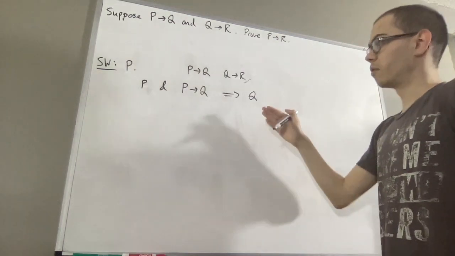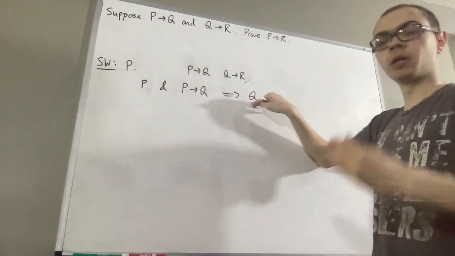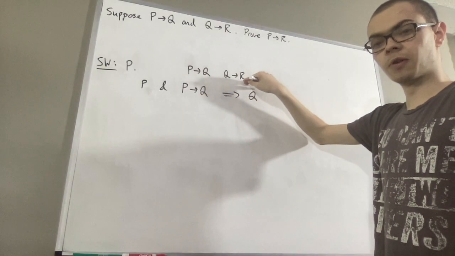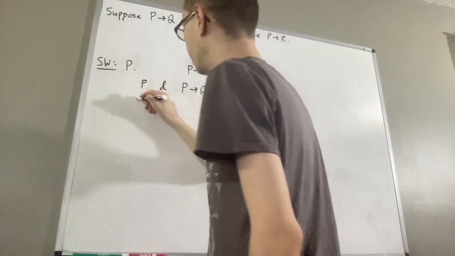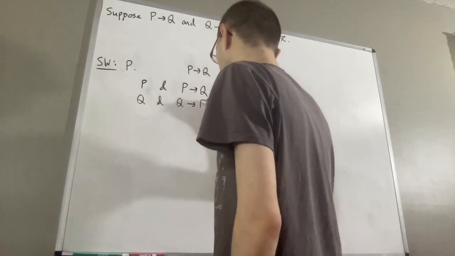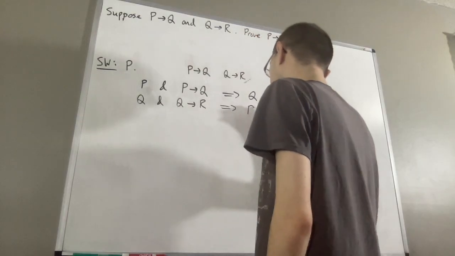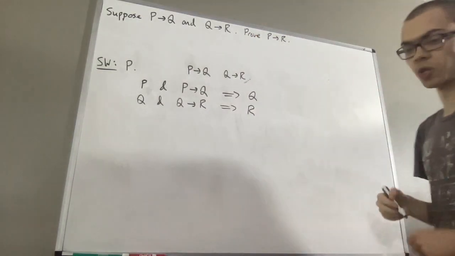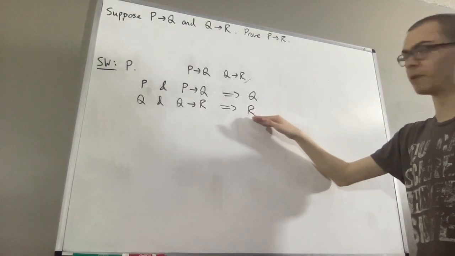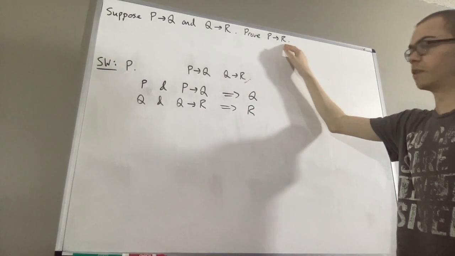So, we now know that Q is true, but we also know if Q is true, then R is true. So we apply modus ponens again. Since Q is true, and we know if Q is true, then R is true, we can conclude that R must then be true. So we've logically deduced that R is true, which is exactly what we wanted.